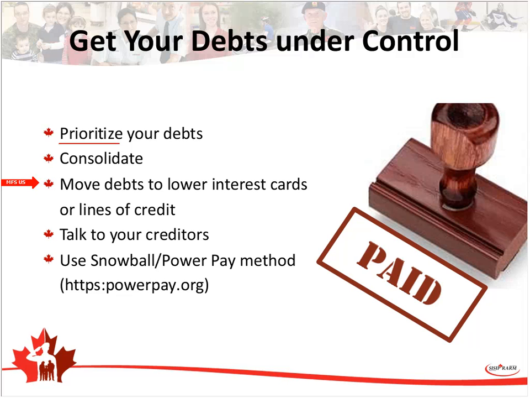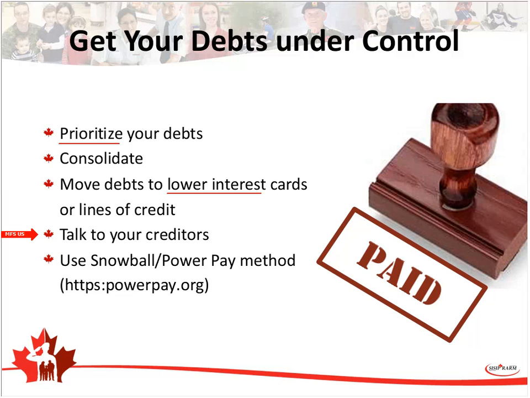If you've got the debt, you've got it. If you can move it somewhere where you're going to pay less interest, it makes sense to do it. Talk to your creditors. Often, they'll offer zero interest or low interest balance transfers. They may be willing to lower the interest on your credit cards, things like that.